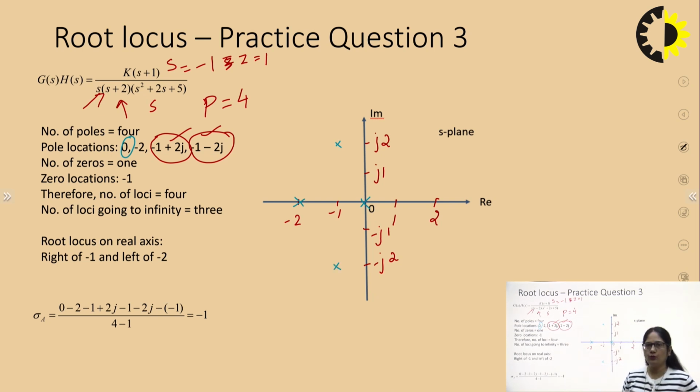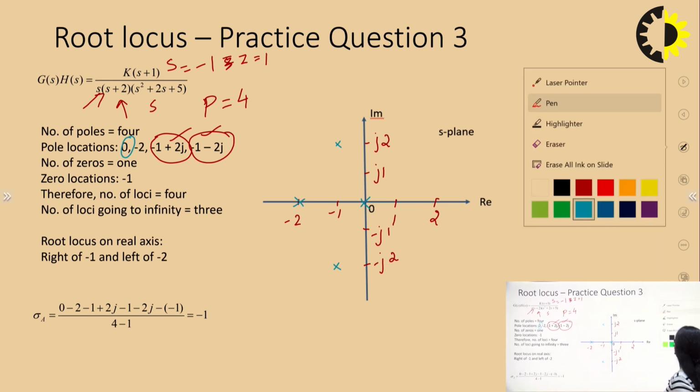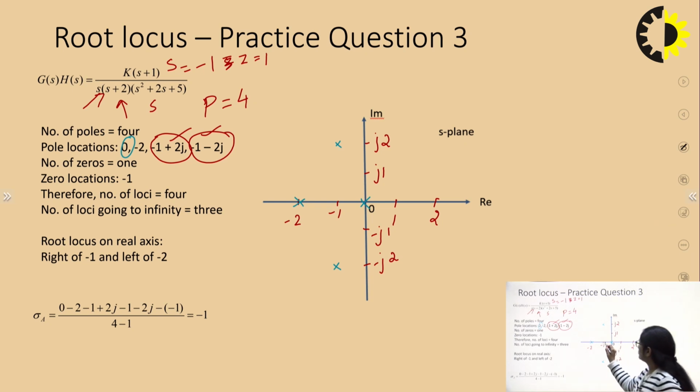So the 4 poles are marked on the s plane. There is 1 zero at minus 1, which we mark here. So the poles and zeros are marked on the s plane.